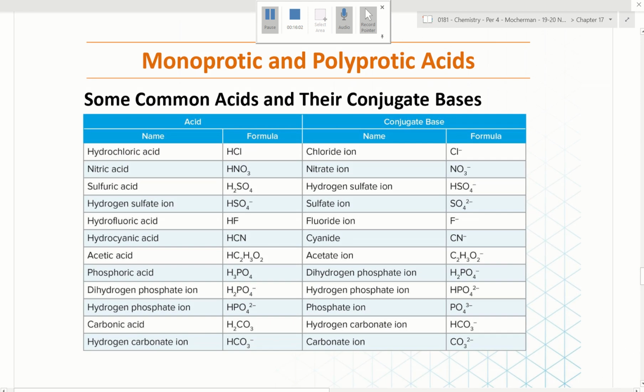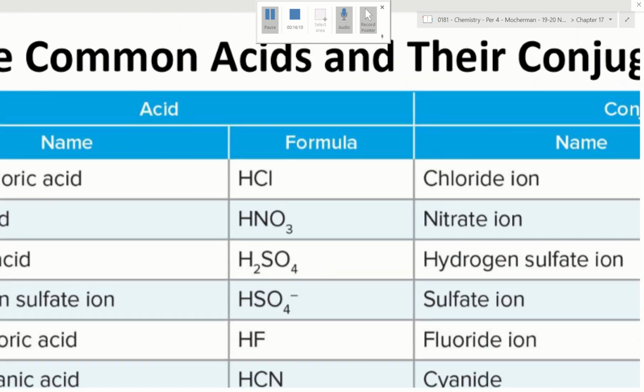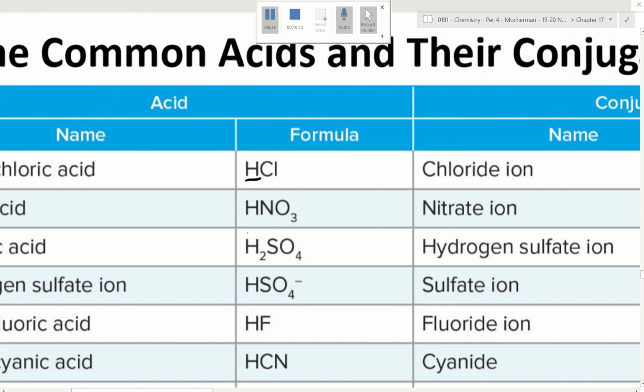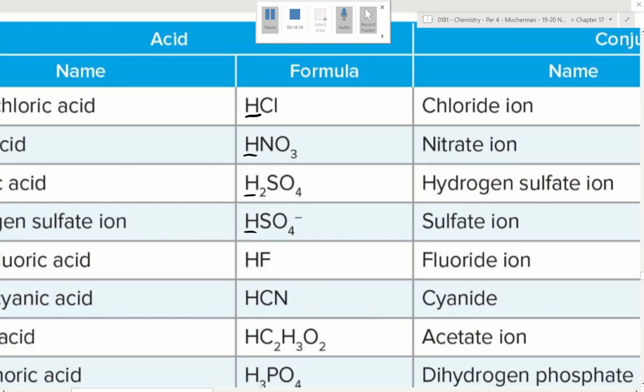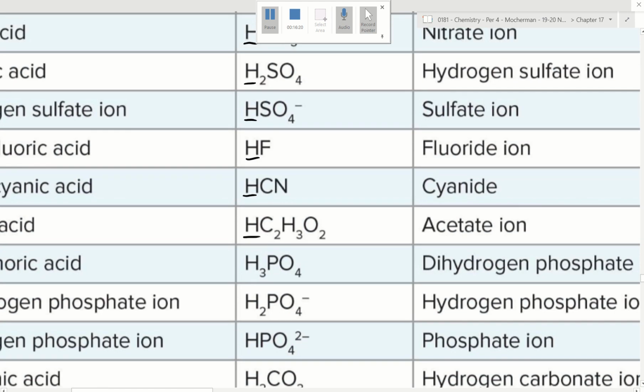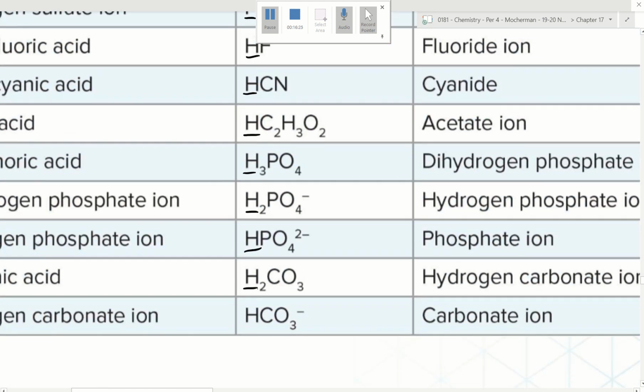Another idea we have to look at is how many hydrogens there are in a molecule. We can call them monoprotic or polyprotic acids. One hydrogen is mono, more than one is poly. So when we start looking at these, this is mono, poly, poly, mono, poly, mono.